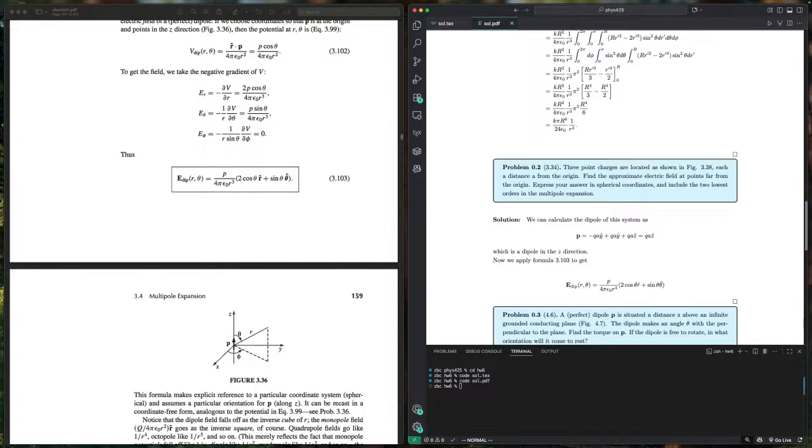Include the two lowest orders in the multipole expansion. Okay, how do I expand beyond this?